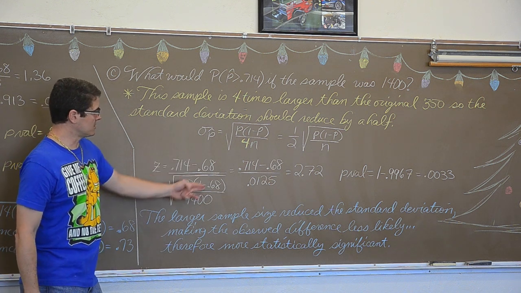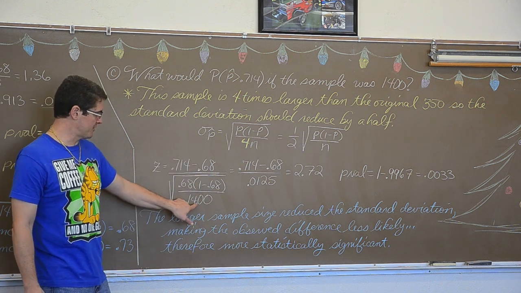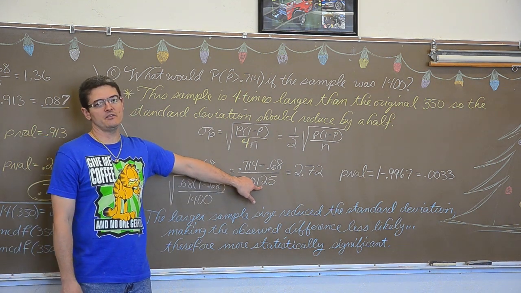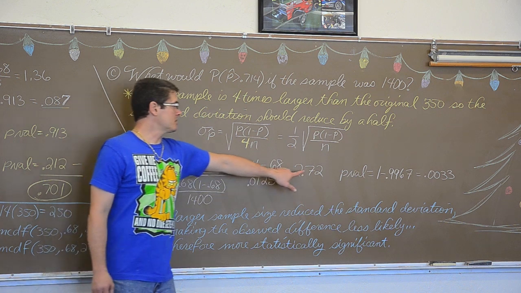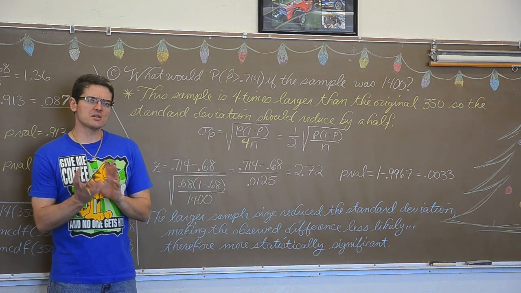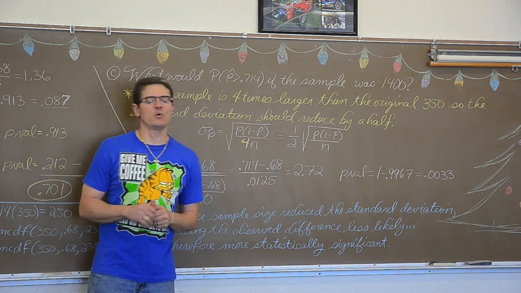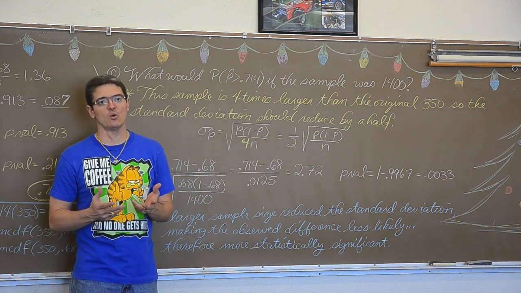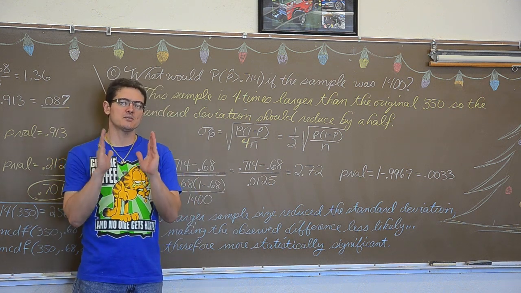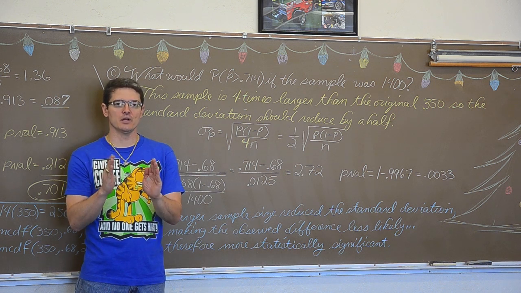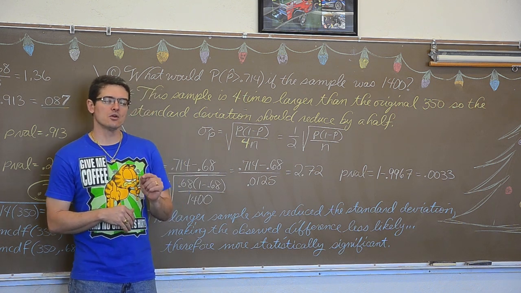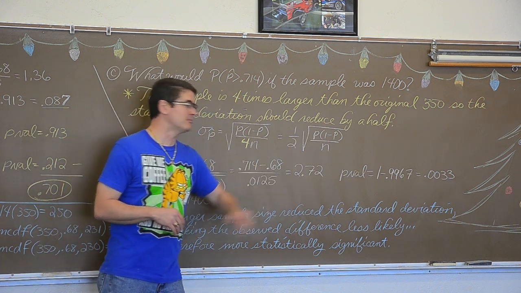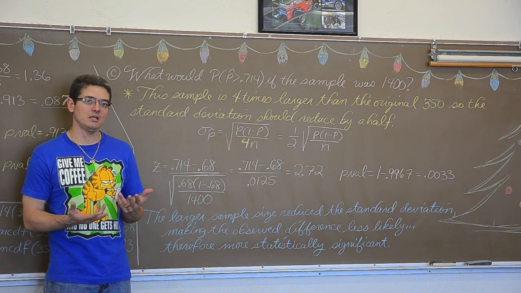So I'm recalculating the z-score with, of course, a different sample size. I get a smaller standard deviation, which gives me a z-score now of 2.7 standard deviations instead of the 1.36 that we had before. So it's still the same observed difference. But with the larger sample giving me a smaller standard deviation, I'm actually more standard deviations away from the mean.